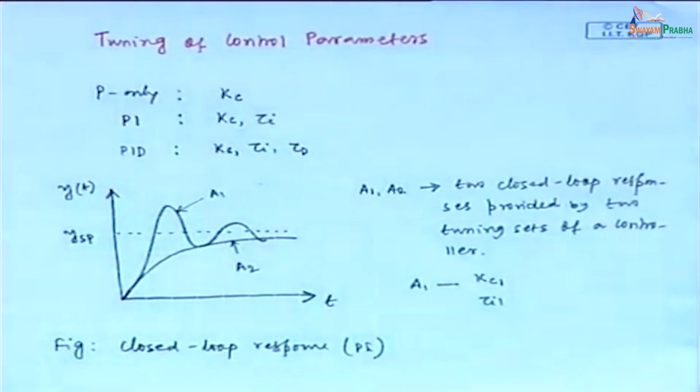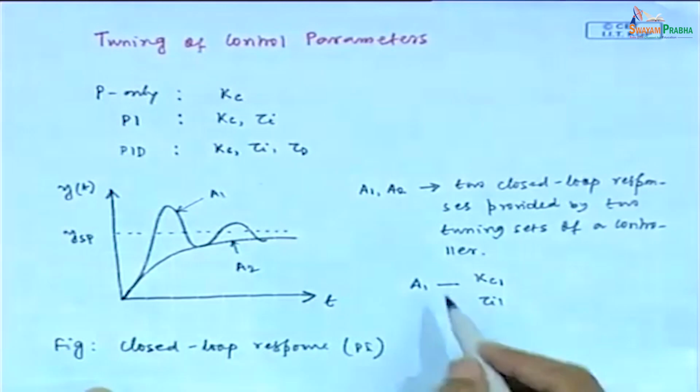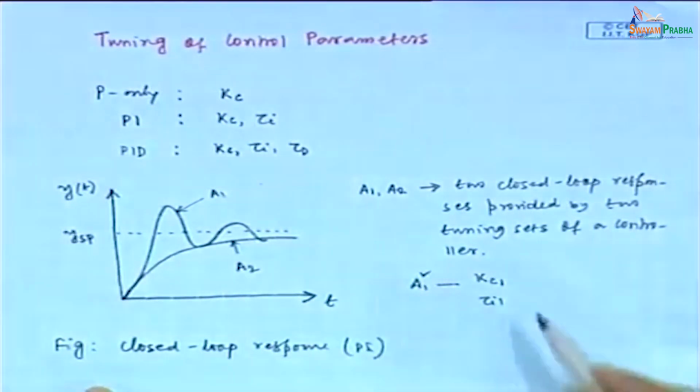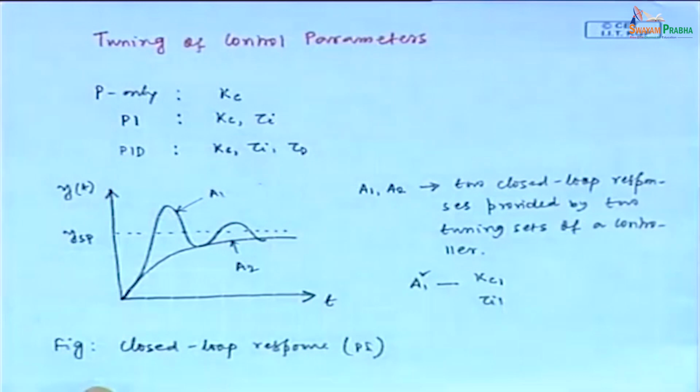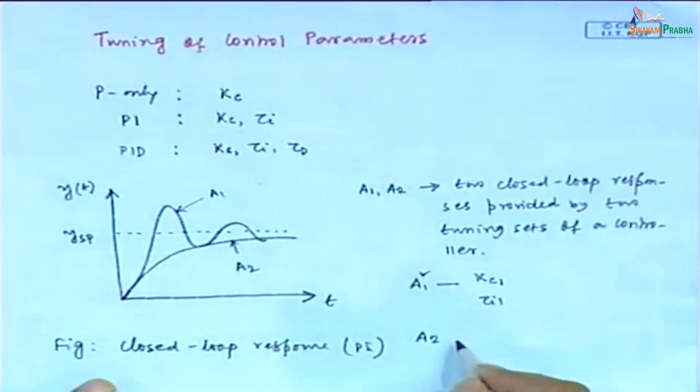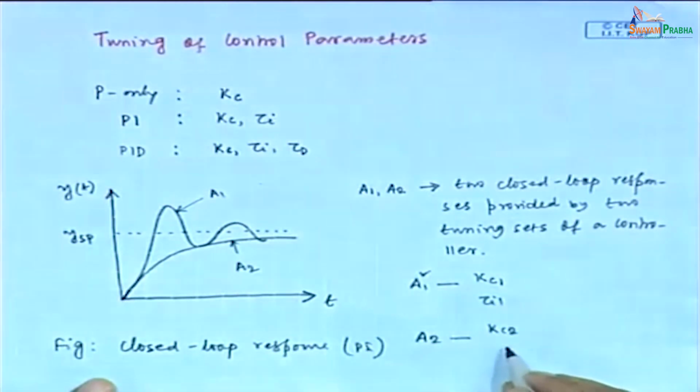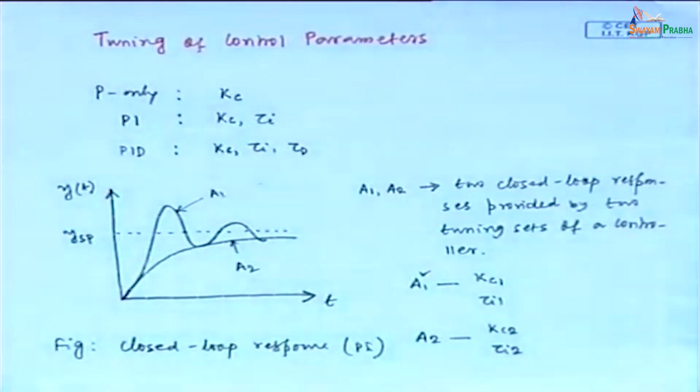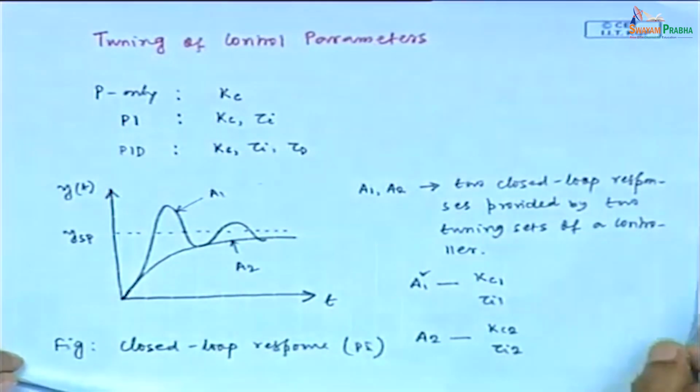So, PI controller has two tuning parameters, one is Kc, another one is tau y. Now, we get A1 response when we consider Kc1 and tau y1. We get the response A2 when we consider another tuning set, namely Kc2 and tau y2. Fine. So, the closed loop response varies with the tuning parameter values.